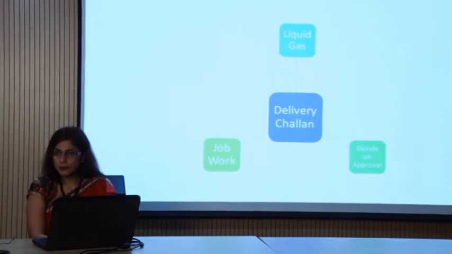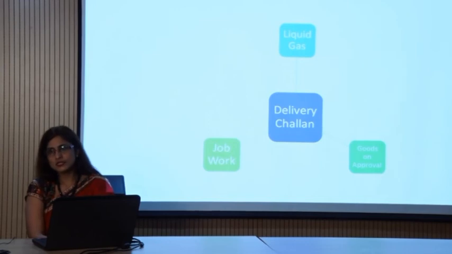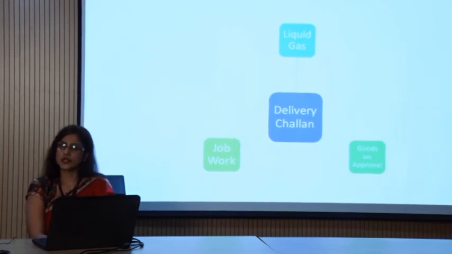Now I will collect the tax only against the 80 sarees, not the 100 sarees, because as per the contract we have already decided that it is goods on approval basis. Now he has approved only 80 sarees, so tax will be collected on only 80 sarees after the approval.